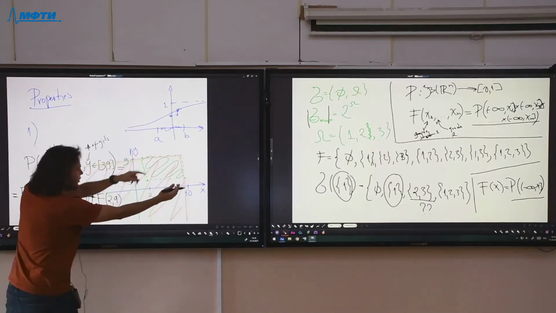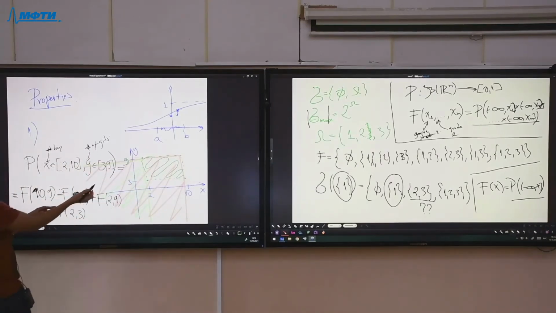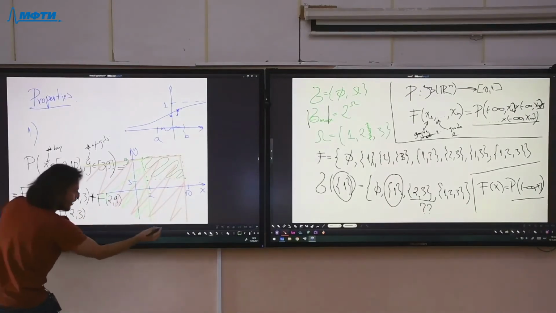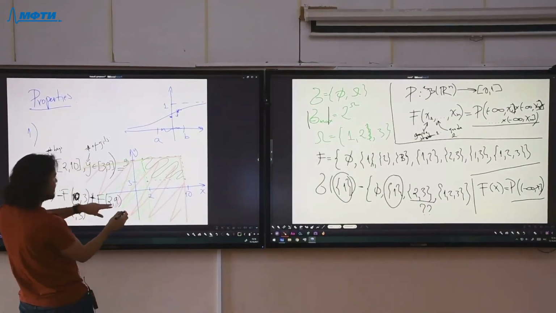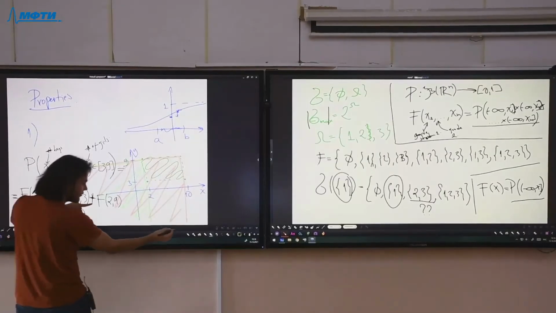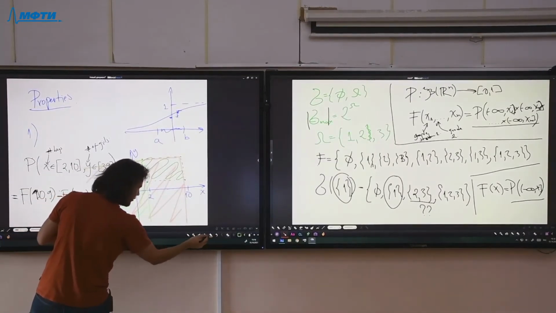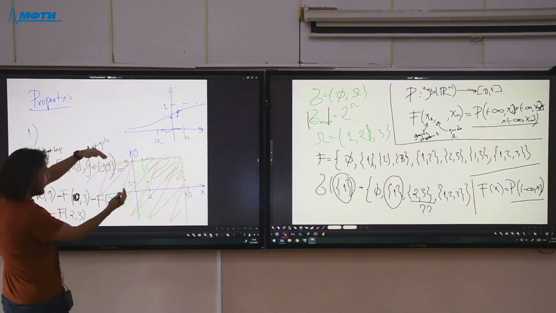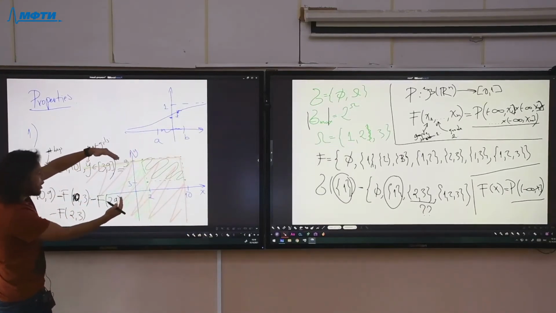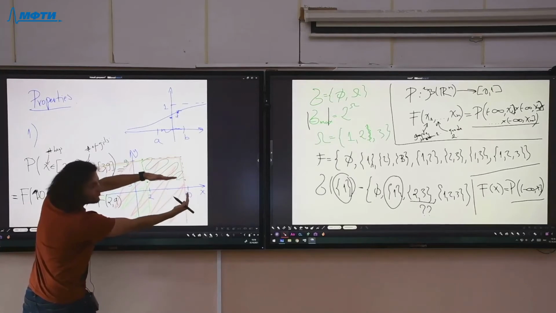So this area, so f of 10, 9 minus f of 2, 9, sorry. Yes, minus here, minus f of 2, 9 minus f of 10, 3.